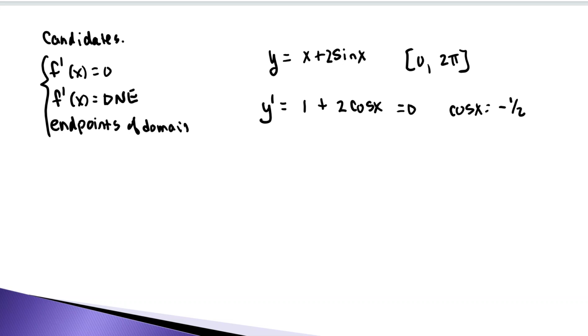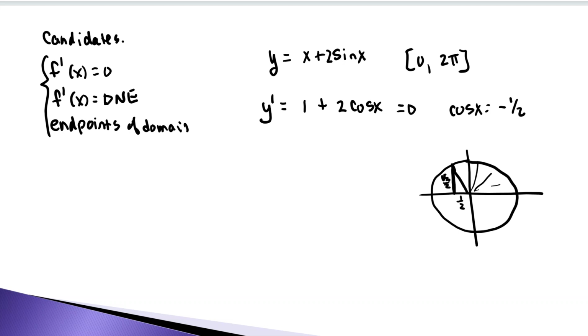And so if I need to find out where those are, I'm going to look in the unit circle. Cosine x is -1/2 would be right around here, so this would be 3 pi over 6 plus 1 more, which is 4 pi over 6.